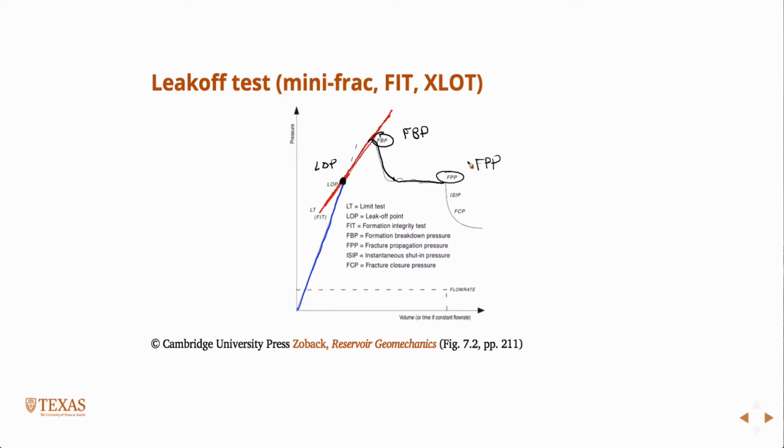So the very best estimate, though, would be if you ran it out, and this would be what's really called an extended leak-off test. The point at which you shut in the pumps is called the ISIP, the initial shut-in pressure, right? So if you shut in the pumps and quit propagating the fractures, you now have a hydraulic fracture that's held open by the pressure of the fluid that's in it.